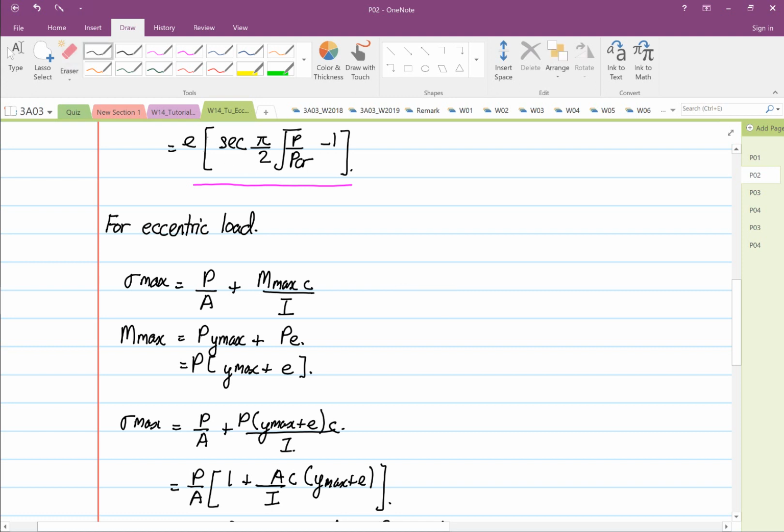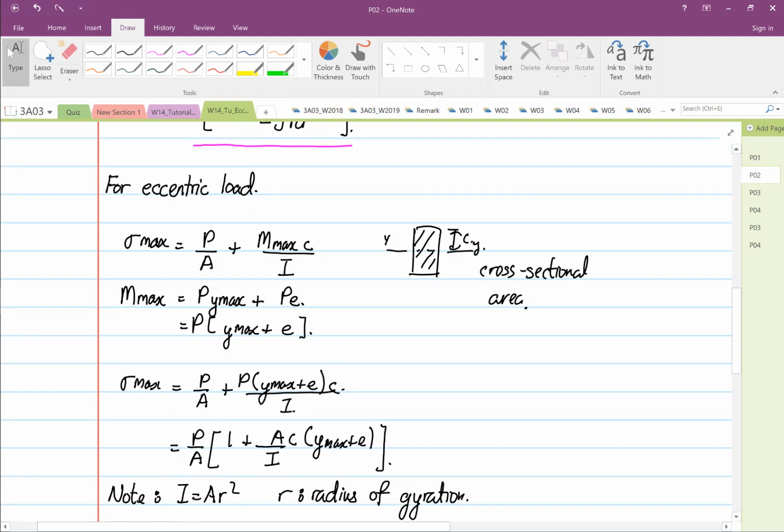So if this is your axis y, this is your C value, and this is the cross-sectional area. So there's your C. I don't want to confuse you guys. Then the moment max is equal to P y max plus P E, where P goes.